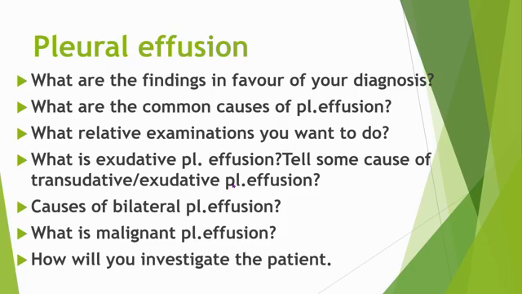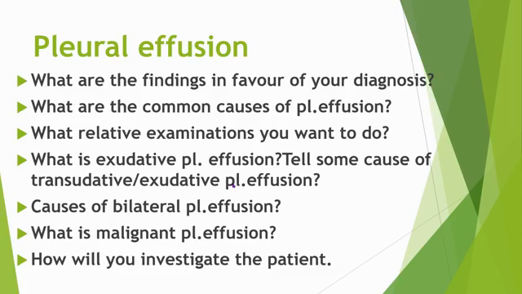We often make this mistake. Now you have to say the chest findings of pleural effusion. For example, in inspection there is restricted movement on the left side or right side, and there is bulging of the spaces. In palpation there is asymmetry of movement. The percussion note is dull.